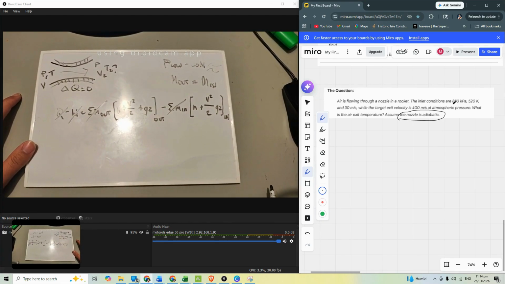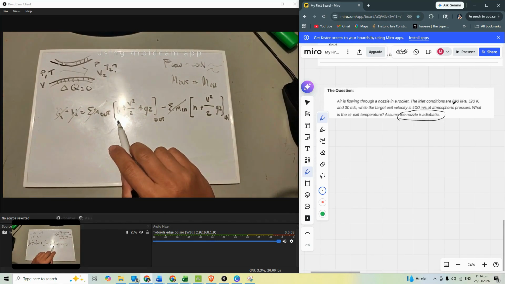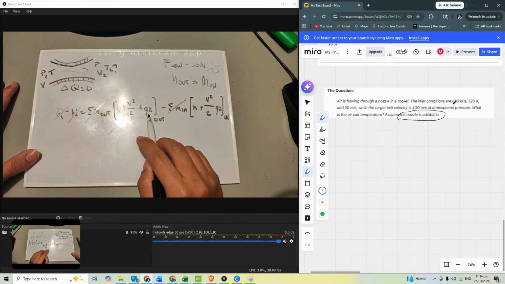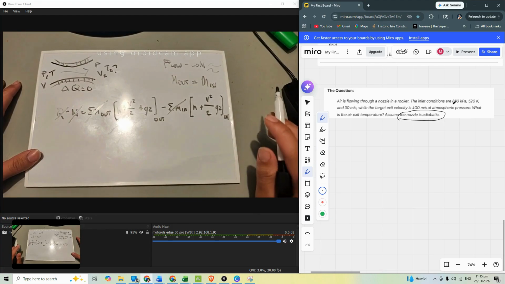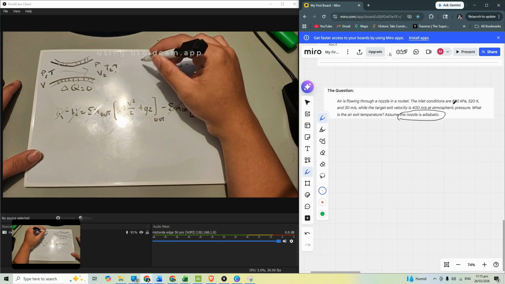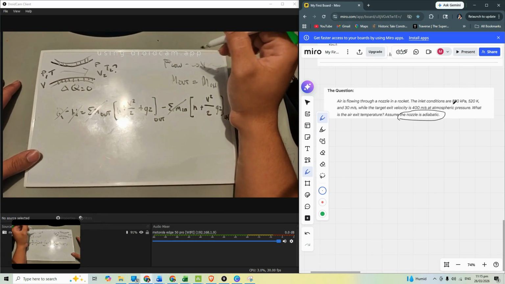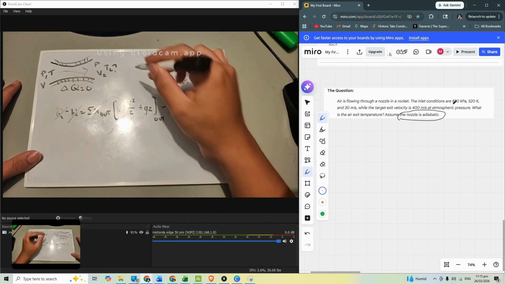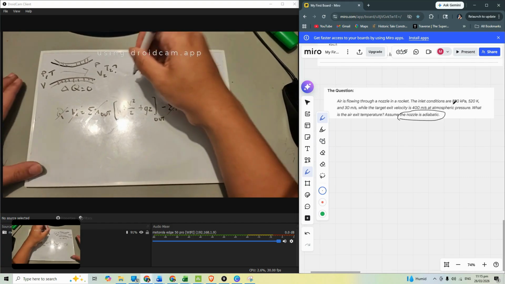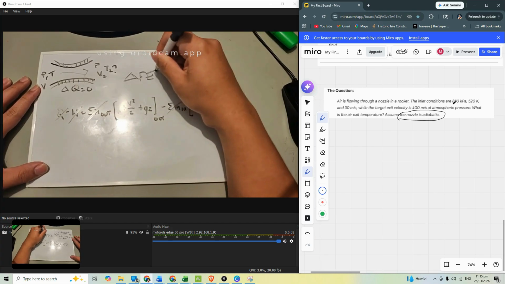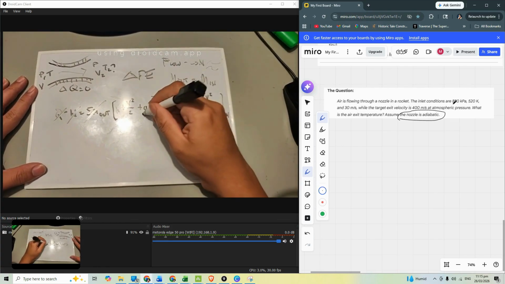So what do we have here? We still have the enthalpy, velocity, and the gravity and height. It doesn't mention that our system is arranged horizontally, vertically, diagonally, or whatever, that's gonna give us any reason to think that there's a change in potential energy. So we're gonna cancel it out.